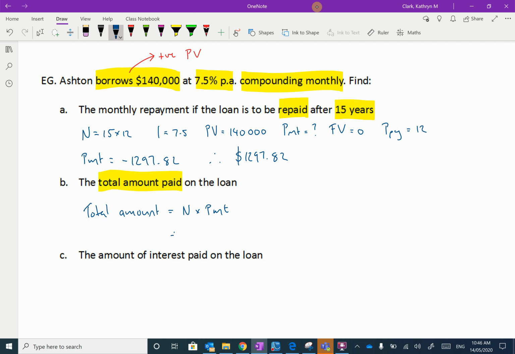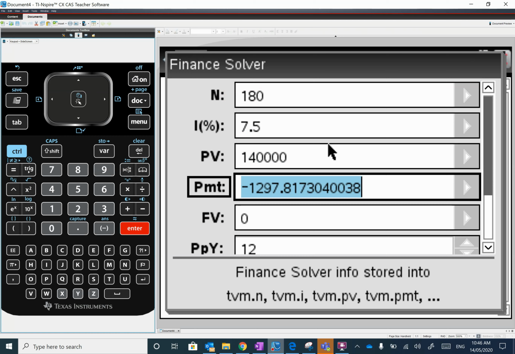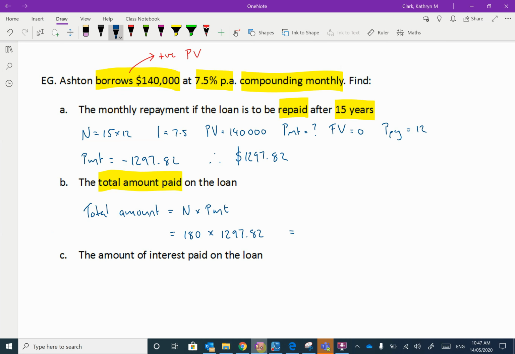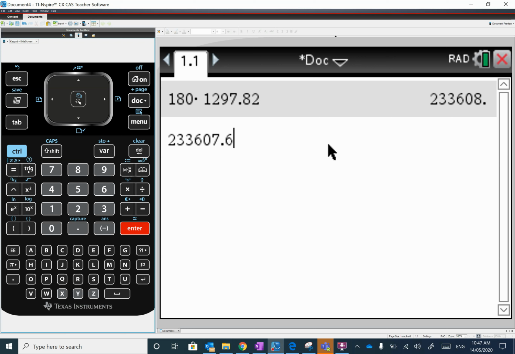So I made 180 payments of $1,297.82 to pay off this loan, which means the total amount paid back, I'm just going to get out of this for a moment, 180 times by 1297.82. Right, so I've paid back 233,608. Now I bet that's not, there we go, 0.6.